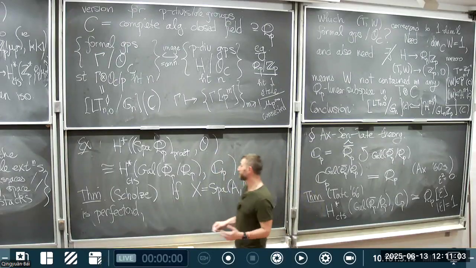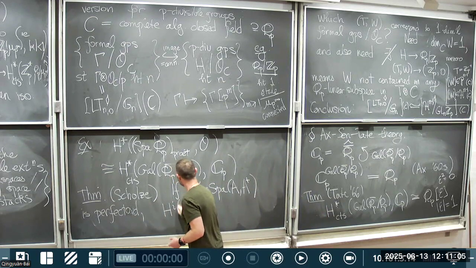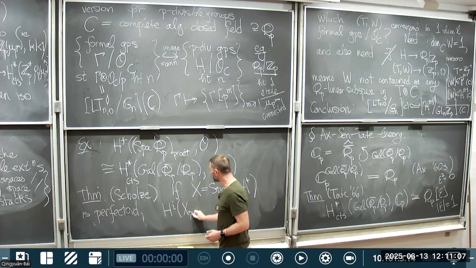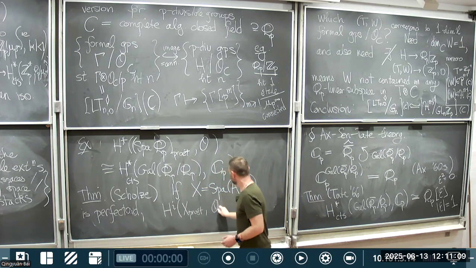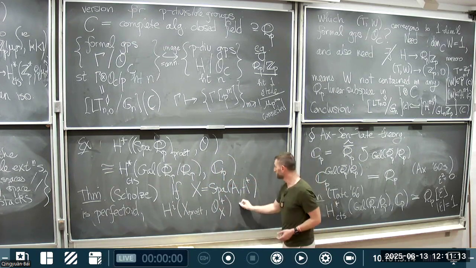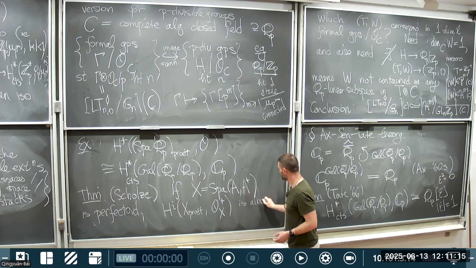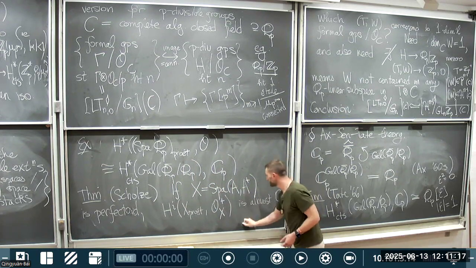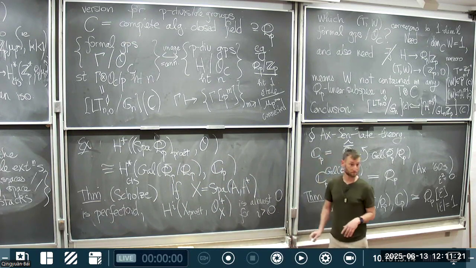More precisely, the i-th cohomology of X pro-étale with coefficients in O_X plus is almost zero for all i at least 1.